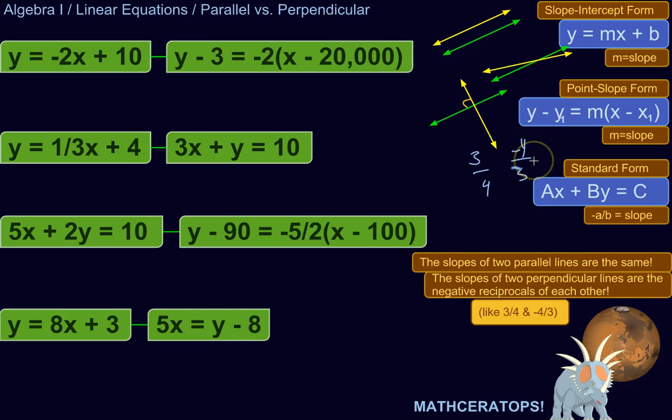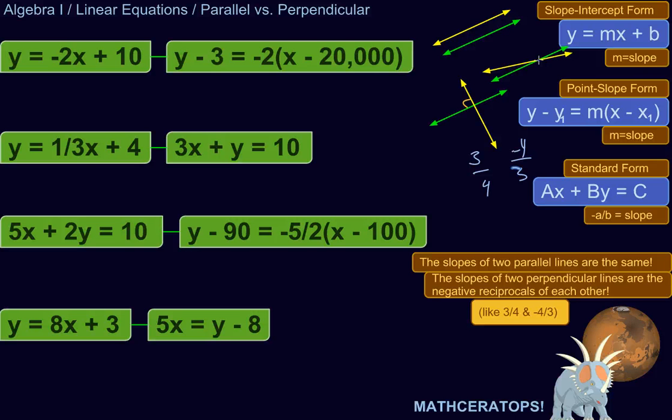The slopes of lines that just cross are neither equal nor negative reciprocals. They're just different. When you have the equation of a line, you can figure out what its slope would be. So the key to this whole exercise is identifying the slope of a line from its equation. Once you figure out the slope of each of the two lines, you can put them in a category: parallel, perpendicular, or they just cross.